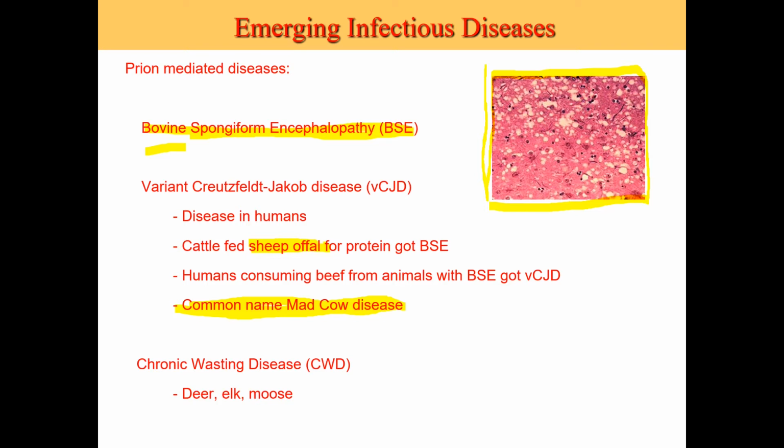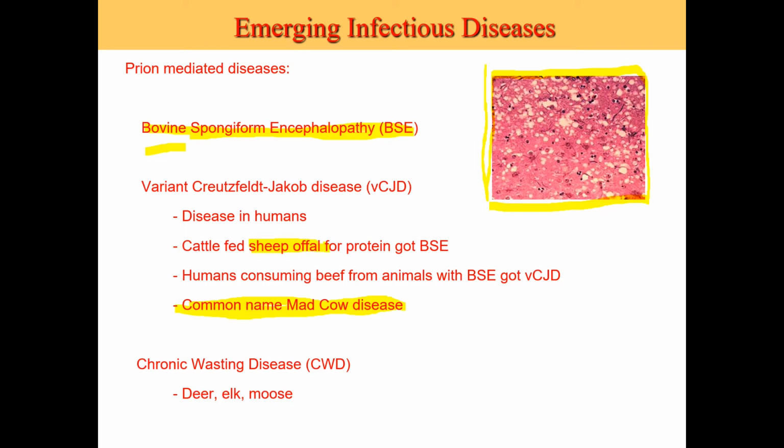So in order to increase the protein content in that feed, and the feed are these dried pellets which have grains and protein sources in them, they would grind up all the waste organs and neural tissue and brain and everything, and incorporate it into cattle feed.